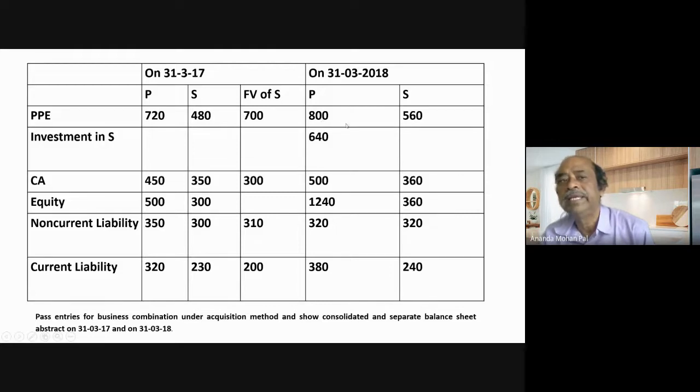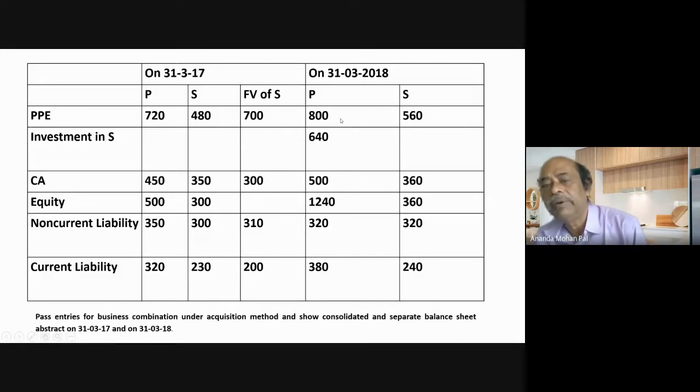So 1580 would be total PPE. Just mental calculation we can do that because we know 220 is the revaluation profit. So with this you add simply revaluation profit. So it gives 780, and 780 plus 800, 1580.